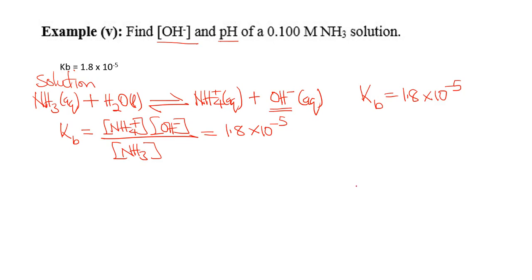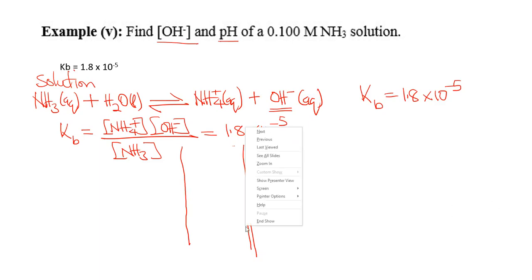As previously, we need the ICE table for this reaction. So I will draw my table. The reactant, there is only one because we don't include the water. So I separate the reactants and products. The products, we have this one and we have this one. So I'll need 2 columns. I think I forgot something.